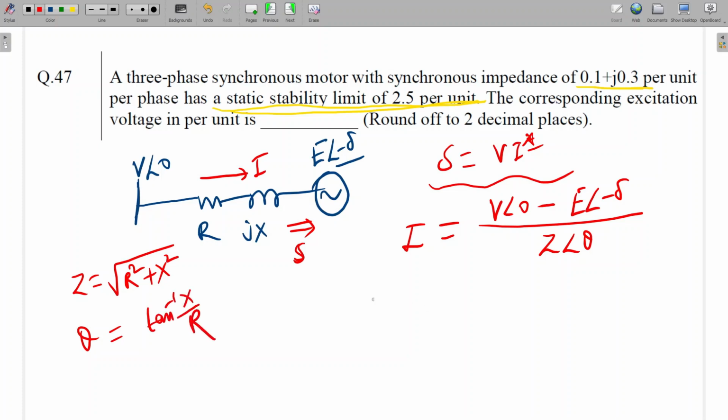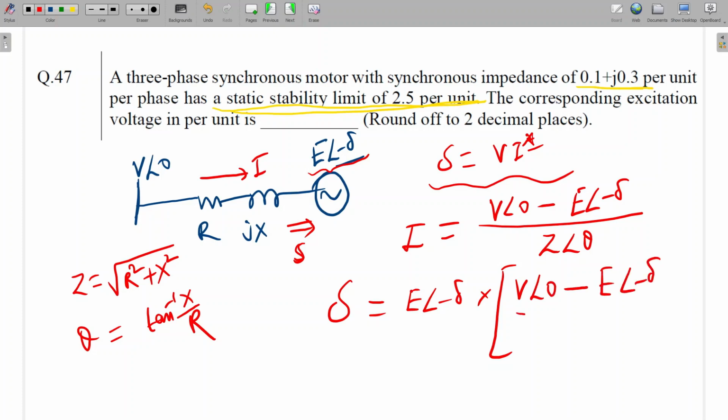So in VI conjugate, what is the value of V here? E angle minus delta. So we can write the apparent power S as E angle minus delta into I conjugate. So I is V angle 0 minus E angle minus delta divided by Z angle theta, whole conjugate. By simplifying this, E angle minus delta, theta will go in the numerator as minus, and conjugate will be plus.